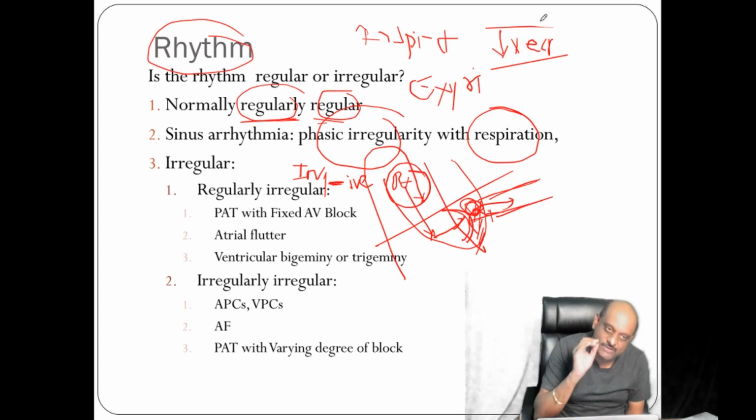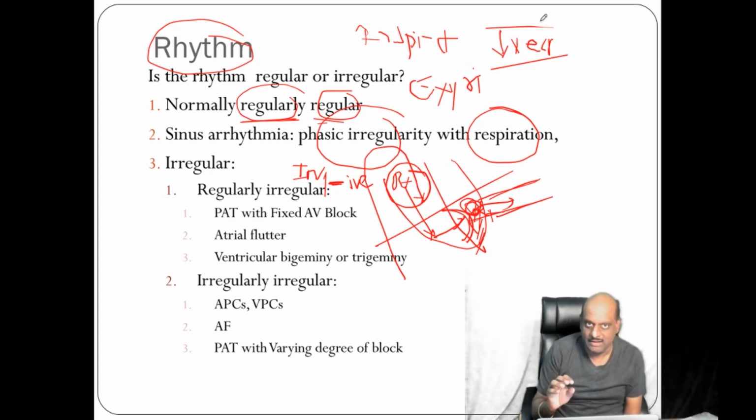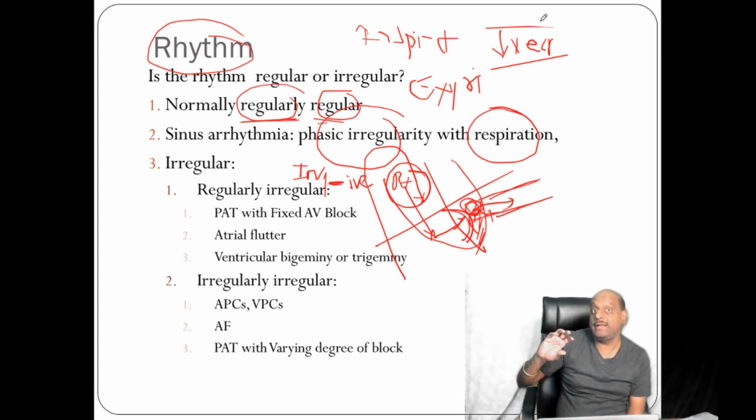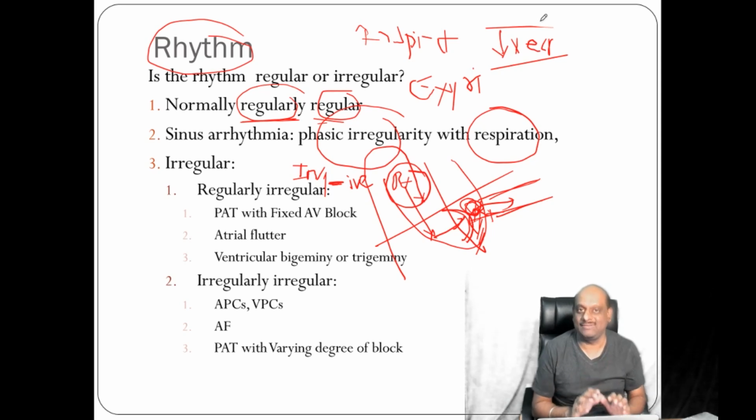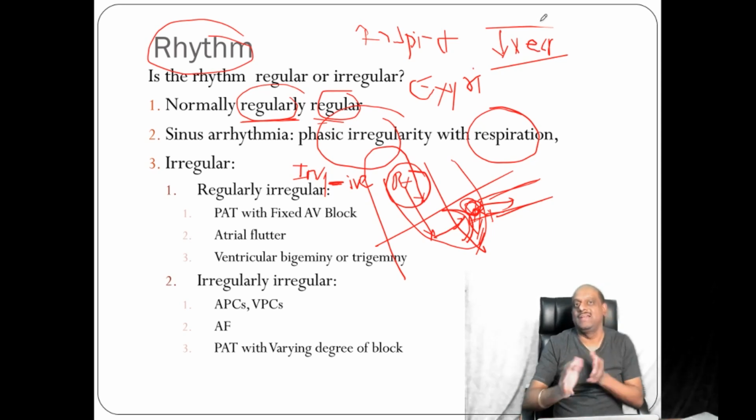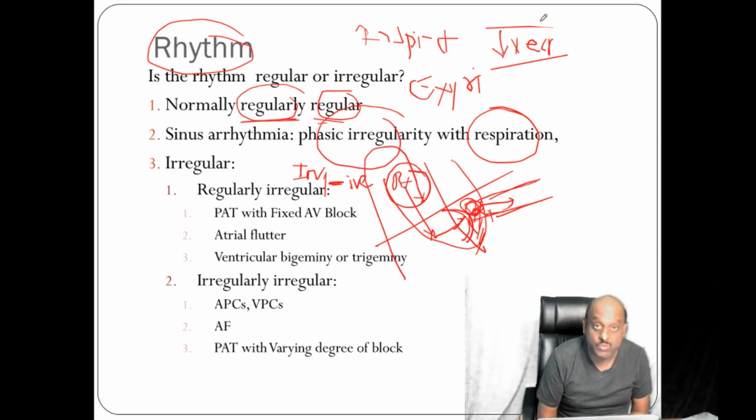Normally the pulse is weaker during inspiration and relatively stronger in expiration. This kind of change in the pulse is basically called sinus arrhythmia. That is, with respiration it is changing. So that is a normal finding.